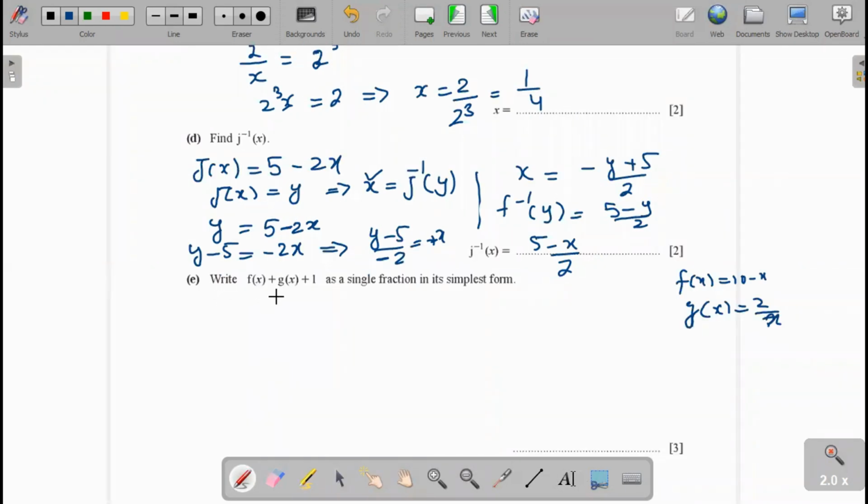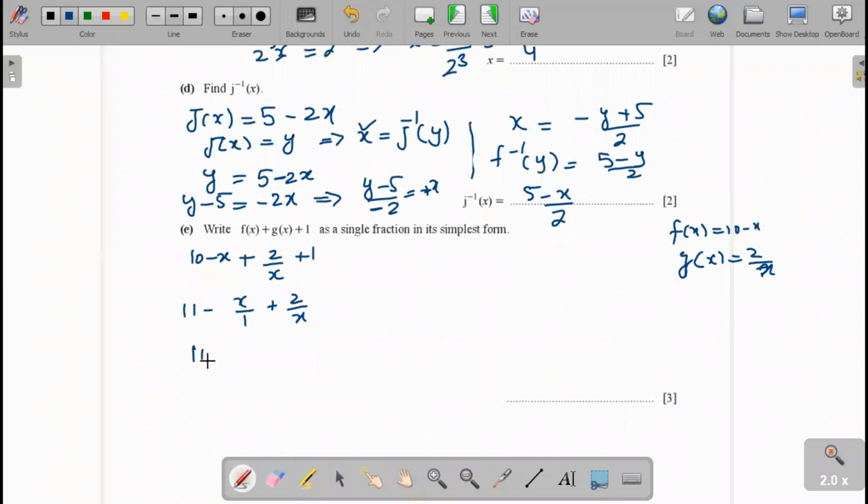Part E, write f of x plus g of x plus 1 as a single fraction. You know f of x equals 10 minus x, and g of x equals 2 over x. Therefore, we can write it as 10 plus 1 is 11, minus x over 1 plus 2 over x. And that can be written as 11 minus x plus 2 over x.